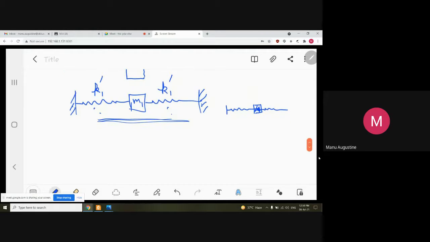So anyway, treating them as springs in parallel, the equivalent conversion for this would be simply to add the springs up, because what is the equivalent spring constant of two springs in parallel? You simply add them up. So I will say that I put a single spring in front of the mass here, and the spring constant of this new spring becomes twice of K1 dash. So that's all that you have to do here also.